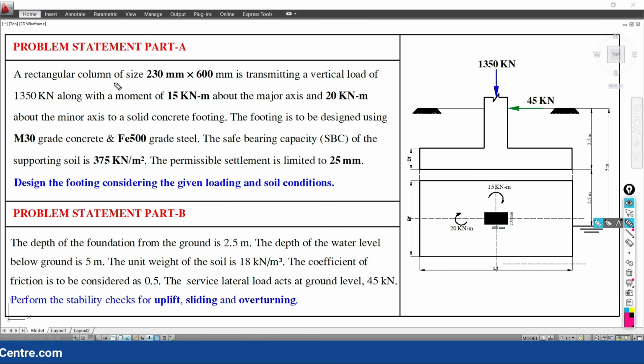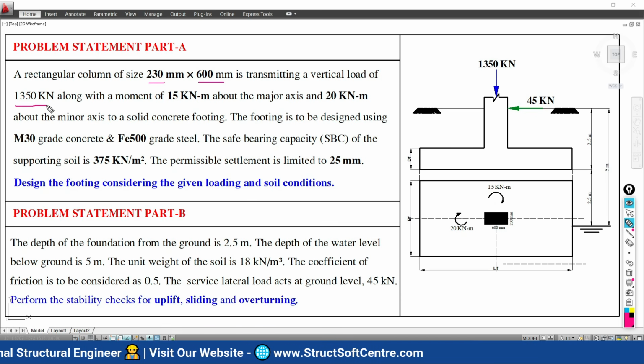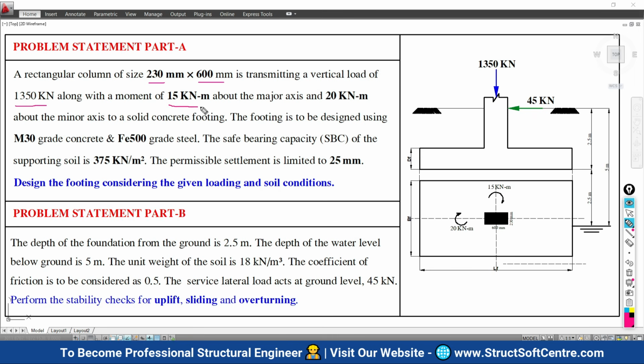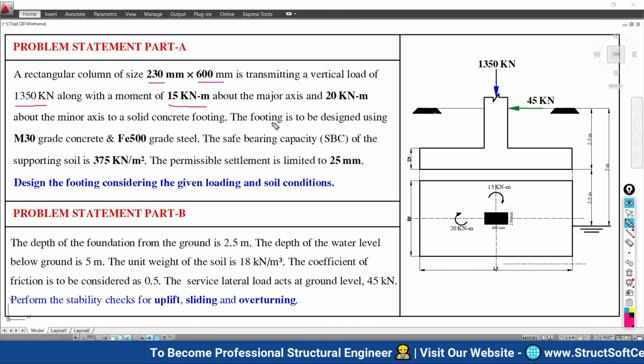A rectangular column of size 230 by 600 mm is transmitting a vertical load of 1350 kN along with a moment of 15 kNm about the major axis.